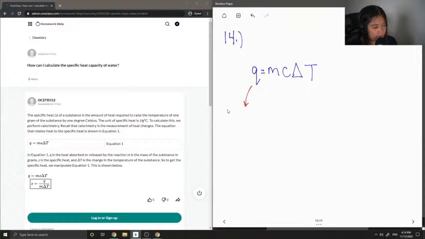Q is the same as heat. It can be heat absorbed or released by the reaction. Its units are usually in joules, or it can be given in kilojoules, and you have to convert.